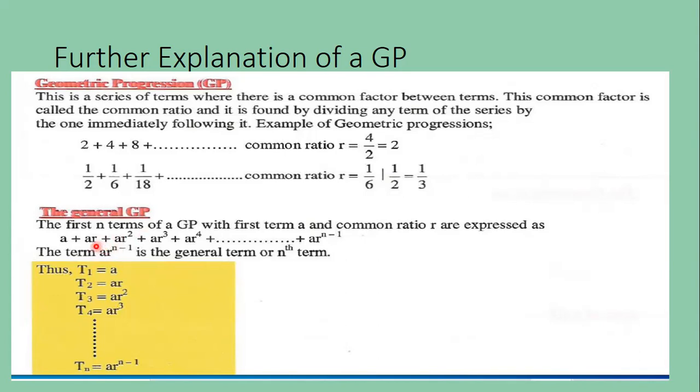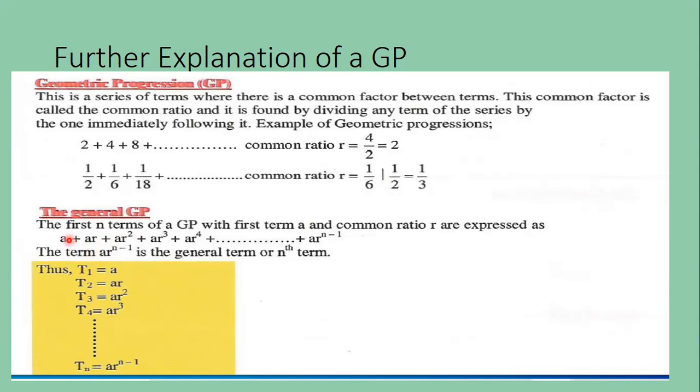So look, this R here is raised to power 1. The A you are seeing here is always the first term, multiplied by the common ratio.